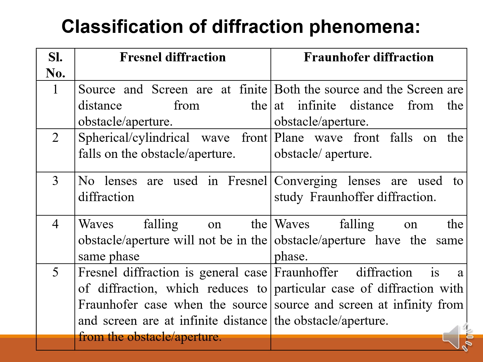The fourth difference is that waves falling on the obstacle will not be in the same phase. In Fraunhofer diffraction, waves falling on the obstacle have exactly the same phase.